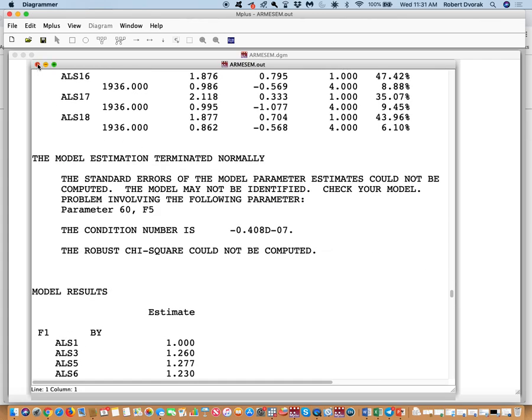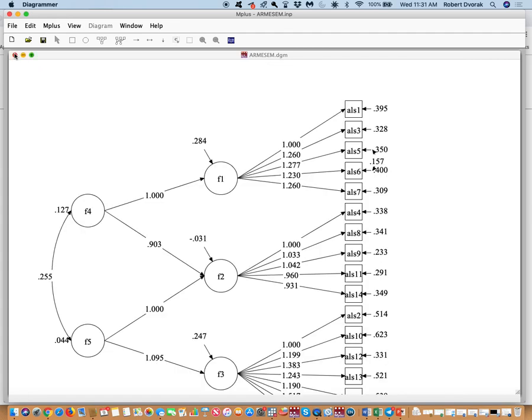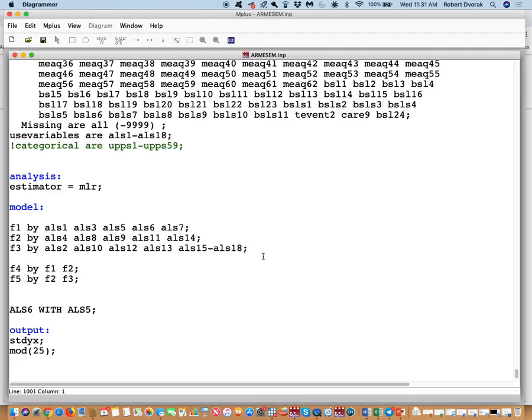But Mplus isn't liking it right now. Definitely you can have higher order factor structures, just FYI. A single higher order factor winds up being the same as a correlation, so obviously that doesn't work out.